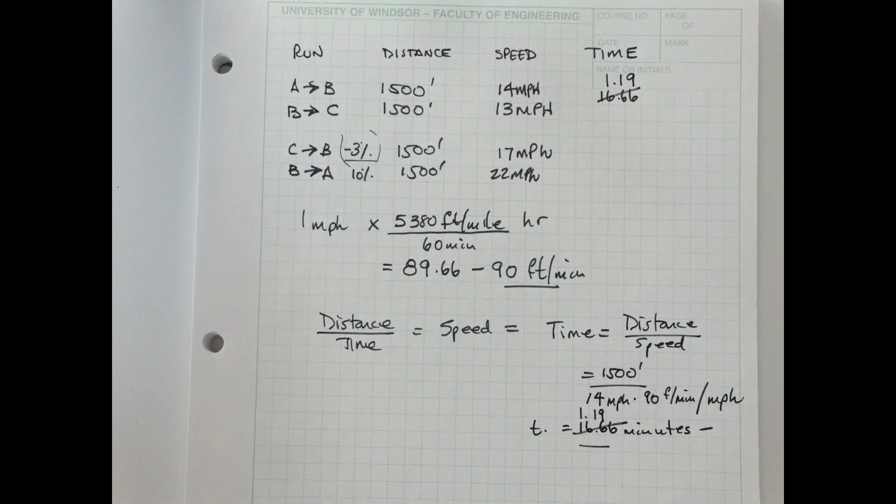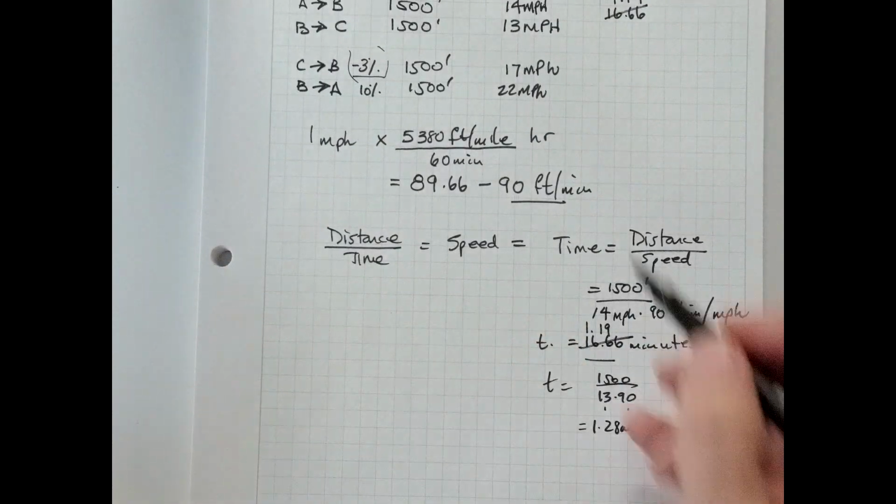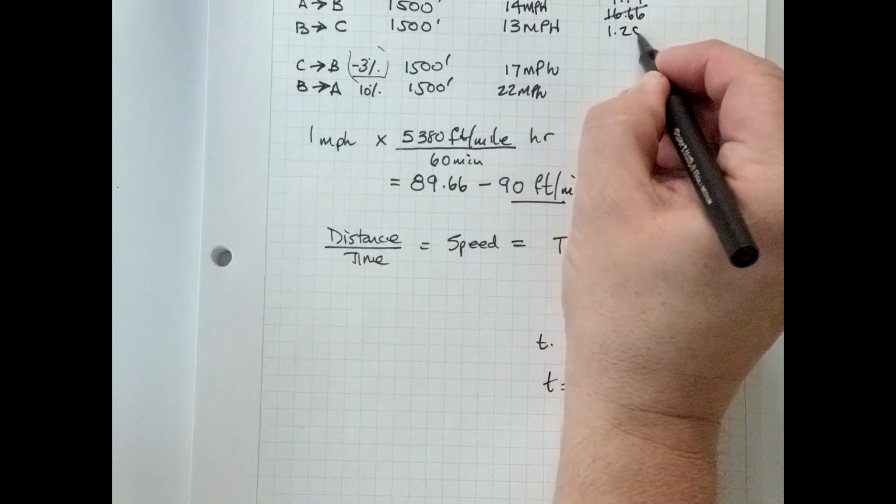Right? So in this case, the second one, our time is equal to 1,500 divided by 13 times 90, miles per hour, feet per minute per mile per hour, and that is going to give us 1,500 divided by 13 divided by 90 is 1.28 minutes. So we can take that 1.28 minutes, we put it up here.